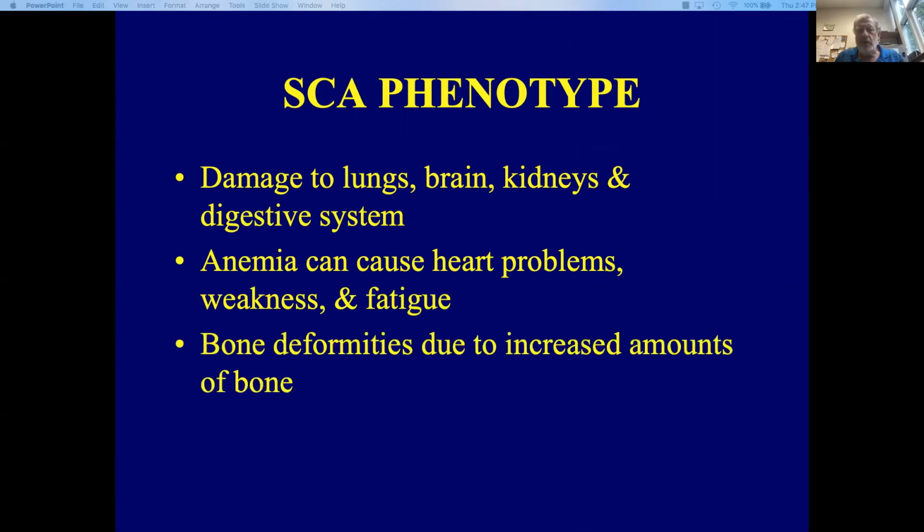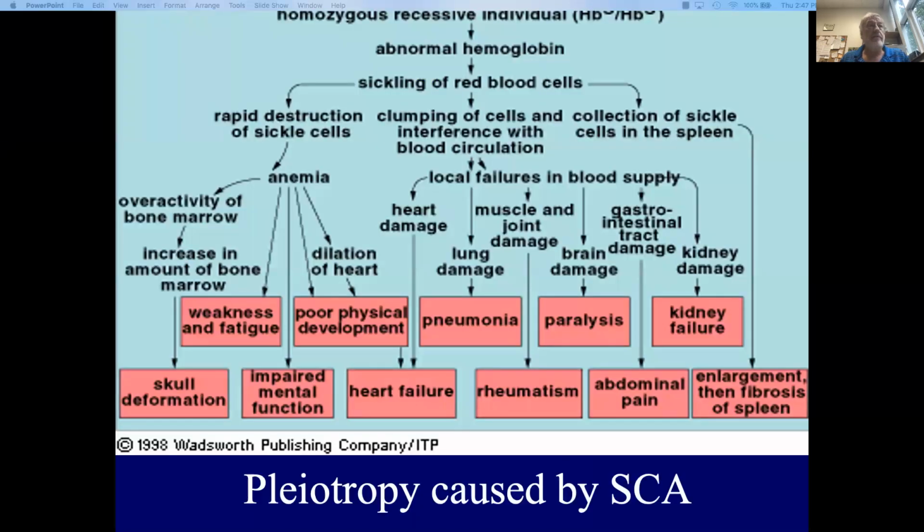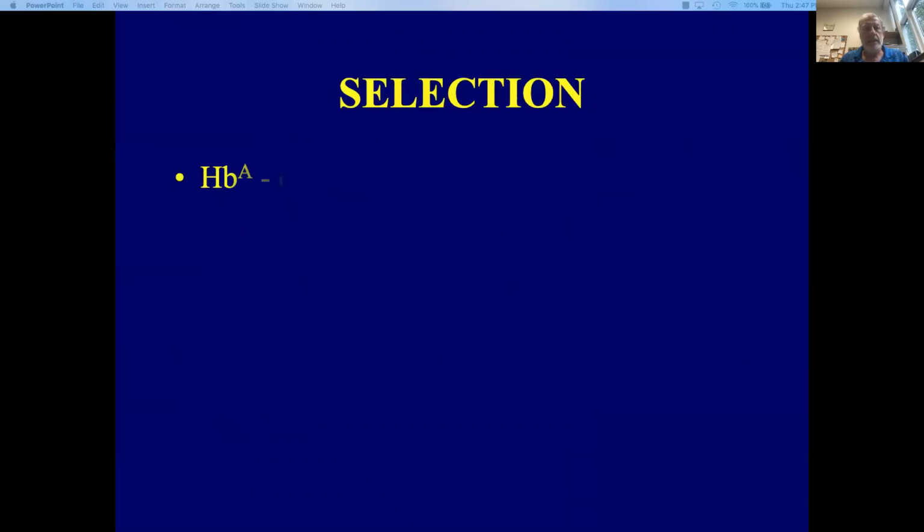There can be bone deformities due to the body trying to lay down more bone marrow to make more blood cells because of the anemia. And again, all these effects are from a single gene. This slide kind of summarizes all the effects of this disease due to a single mutation in a single gene. So why is this around?